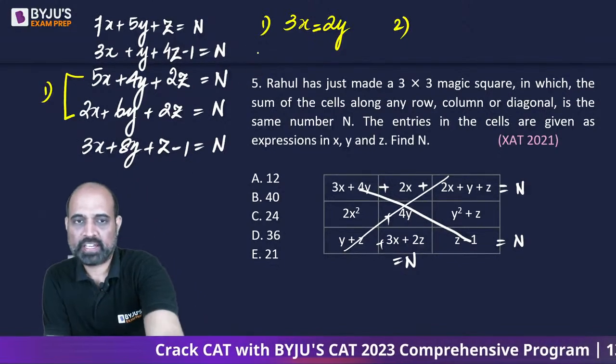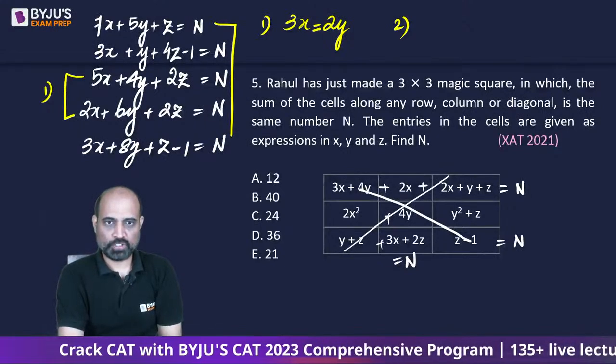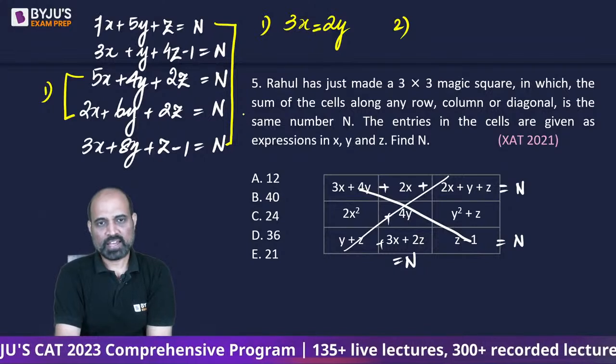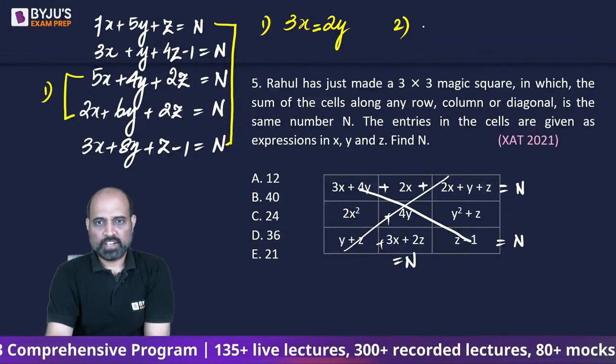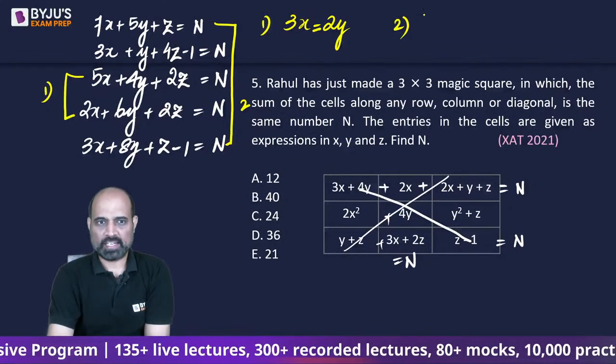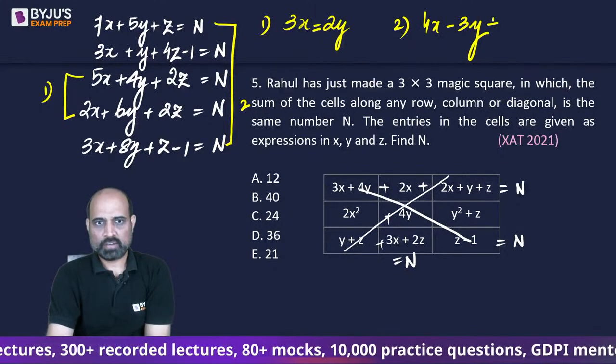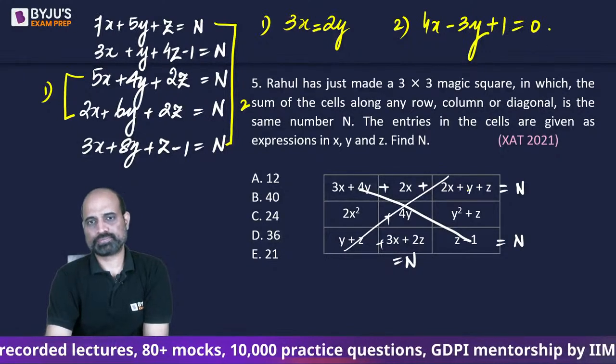I don't want to bring in n. So I'm choosing the first and the last equation because z is same and I'm going to subtract here. When I do that, I'll get 4x minus 3y plus 1 is equal to 0.